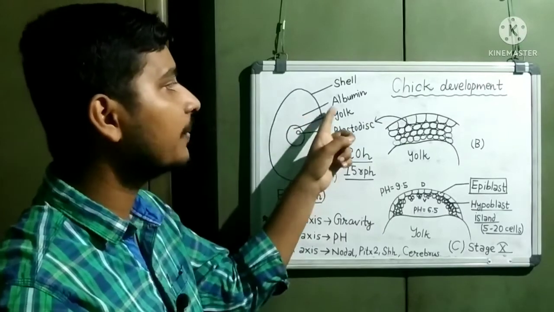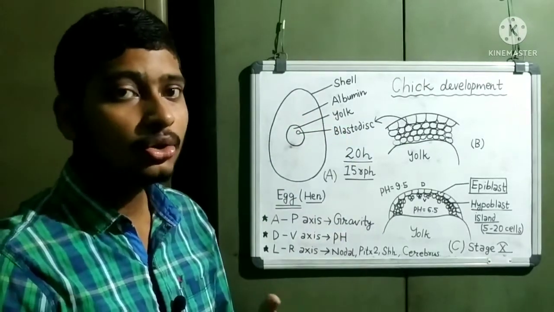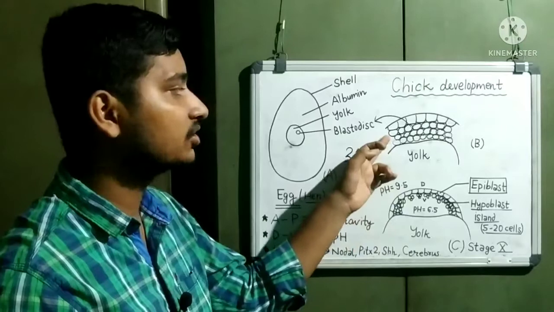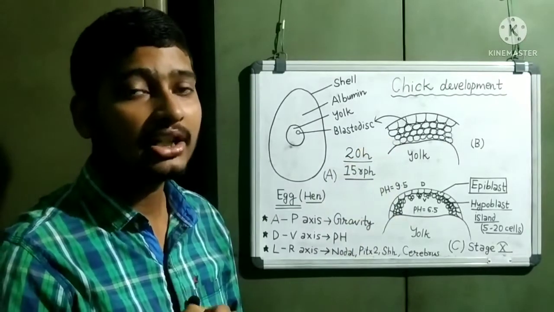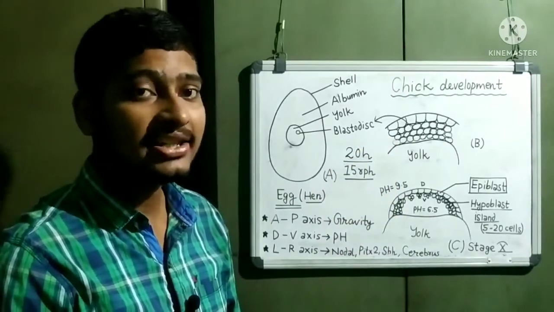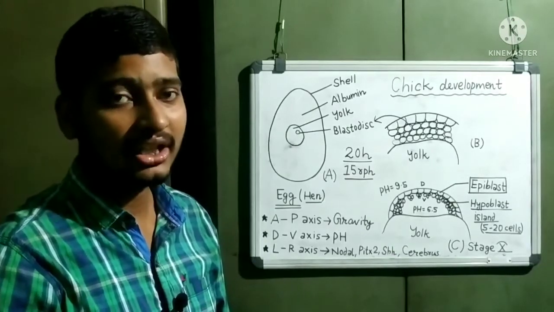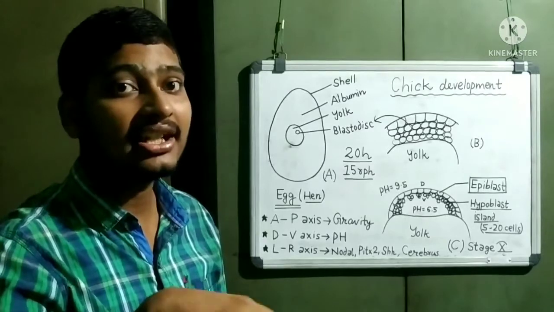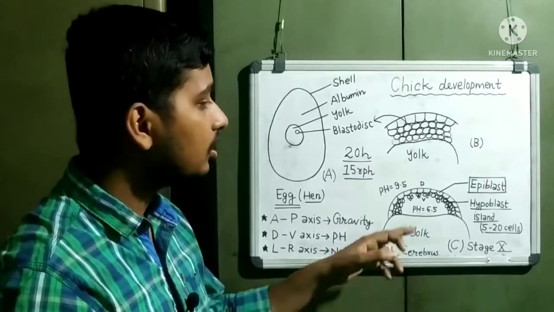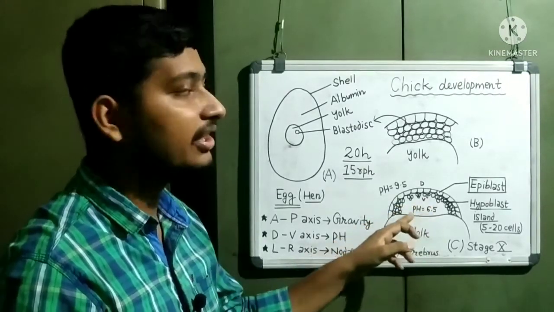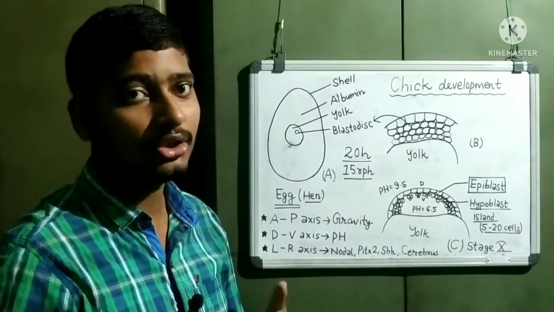It is surrounded by albumin. Okay, so the cells of the blastoderm absorb water from the albumin and secrete them in between the cells, okay, in the intercellular space.